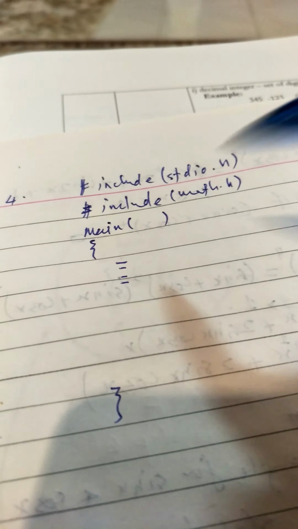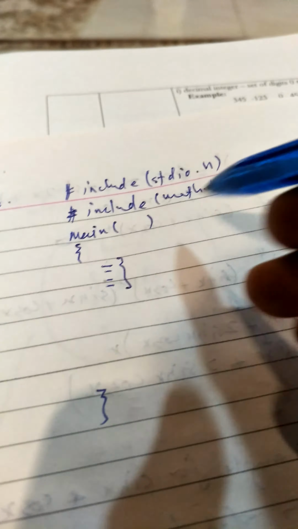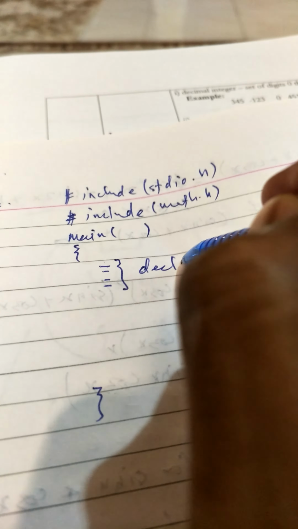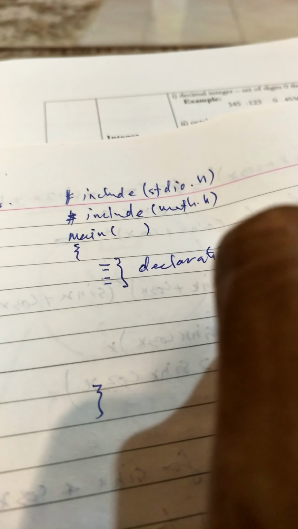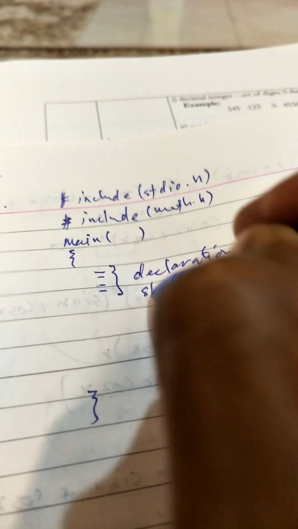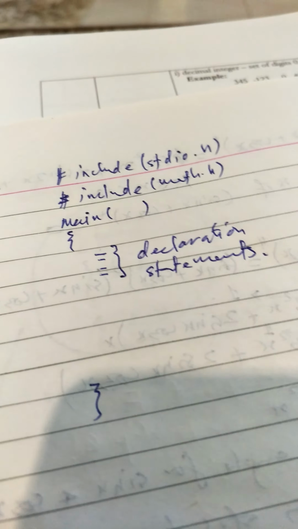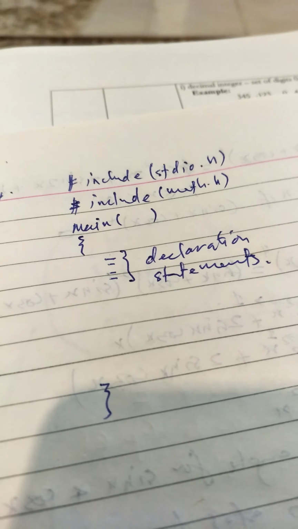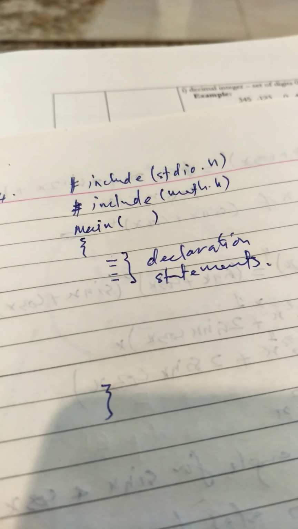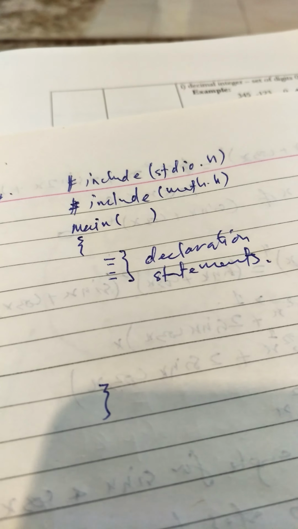Okay, so this part here, we call a declaration statement. This is what we call the head. So what is a declaration statement? What do we need to declare? I will explain to you.